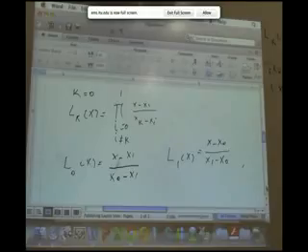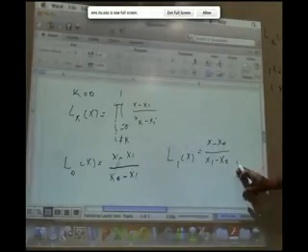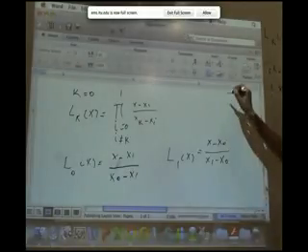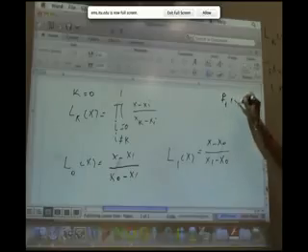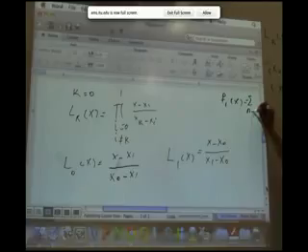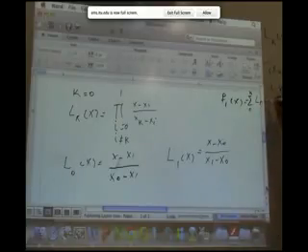Yes? So these are the L's that I have, but then I want to write down my f of x is equal to the summation from 0 to n of Ln of x times f of xn. So for that, your n can be equal to 0 or equal to 1. So it has two terms.